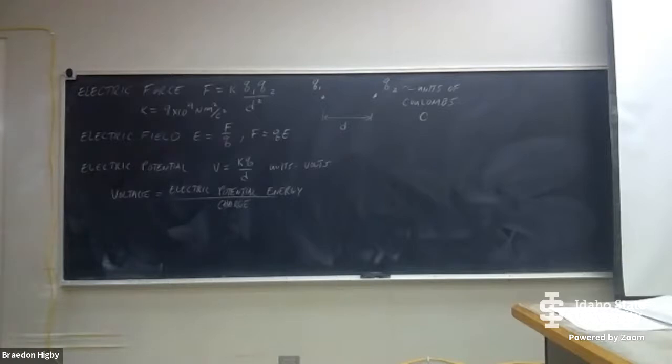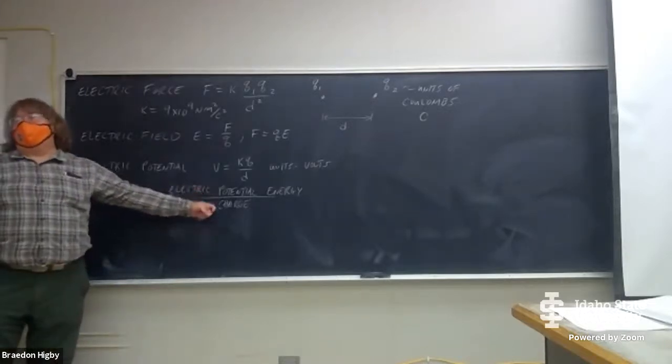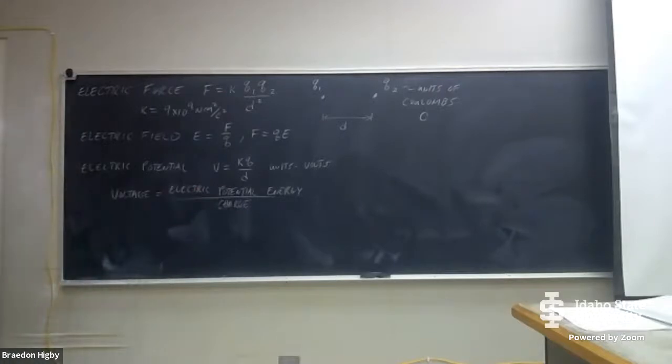And then we have the electric potential, which is basically potential energy per charge. Again, if you've got a charge distribution, a group of charges, a positive charge would find a certain location to be like a high potential energy, but a negative charge would find that to be a low potential energy.